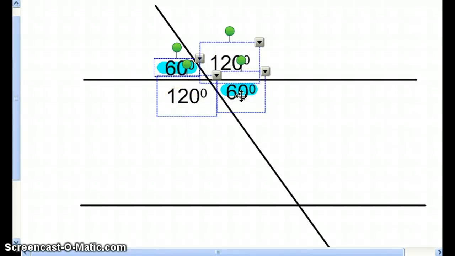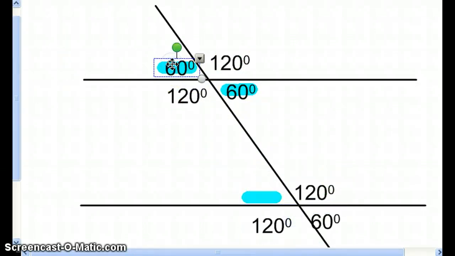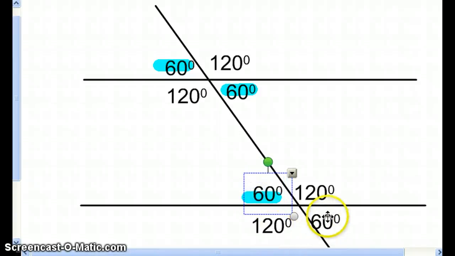That means that the angles below will have the exact same measurements. 60 degrees on the top right, 120 degrees on the top right, 120 on the bottom left, and 60 on the bottom right. So the angles will all be corresponding, which means they will match each other. And that's how you find all 8 angles on 2 parallel lines cut by a transversal, just starting with one measurement.